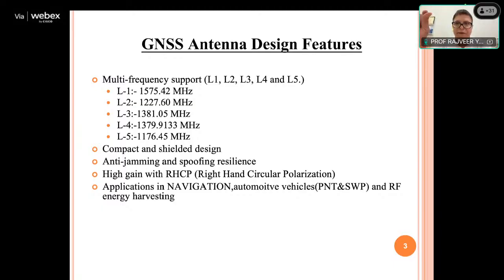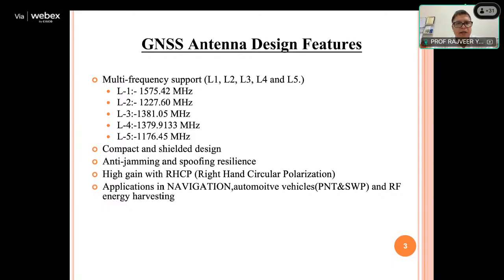This is also a very crucial parameter: when we apply these antennas in defense, we want to have anti-jamming features in almost all GNSS antennas. Of course, high gain is not that much of a requirement, but right-hand circular polarization is a must for all GNSS antennas. Why is high gain not important? Because nowadays they can augment these antennas with an LNA, and the LNA can have a gain of 30 dBi, 35 dBi, 40 dBi. So they can compensate for antenna gain by those circuits.